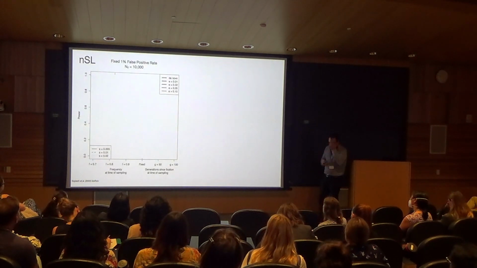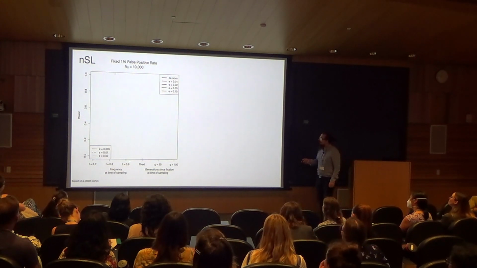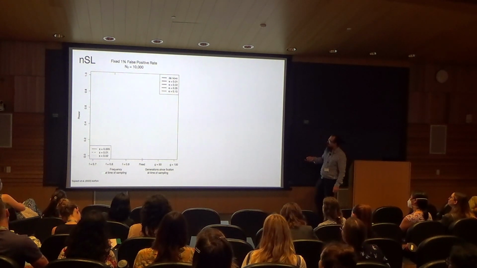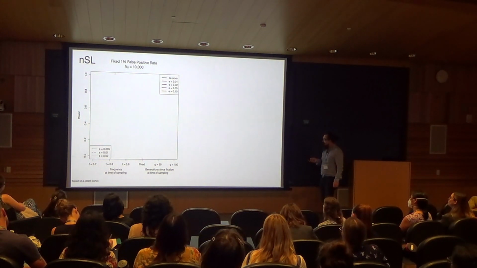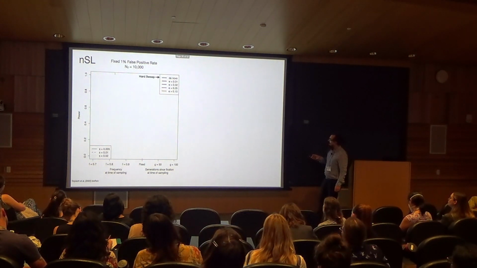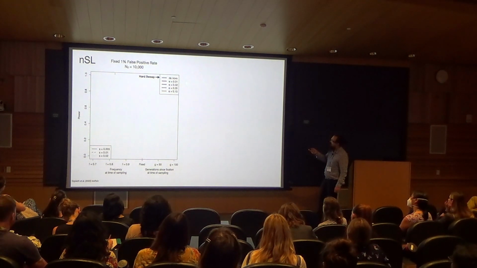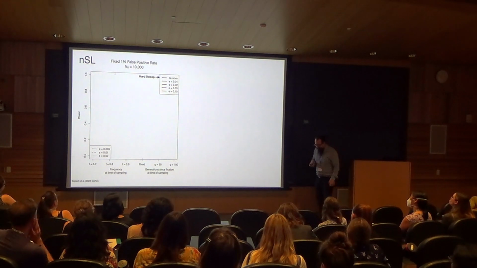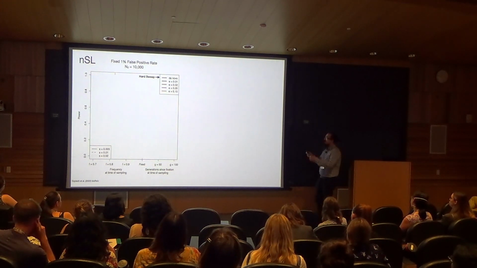I'm going to present you this kind of complicated figure, so let's walk through it a little bit. On the y-axis, we have the power of the statistic that we can calculate, and we simulate this across a number of different scenarios. We simulate a hard sweep where the adaptive allele is adaptive essentially from the beginning.